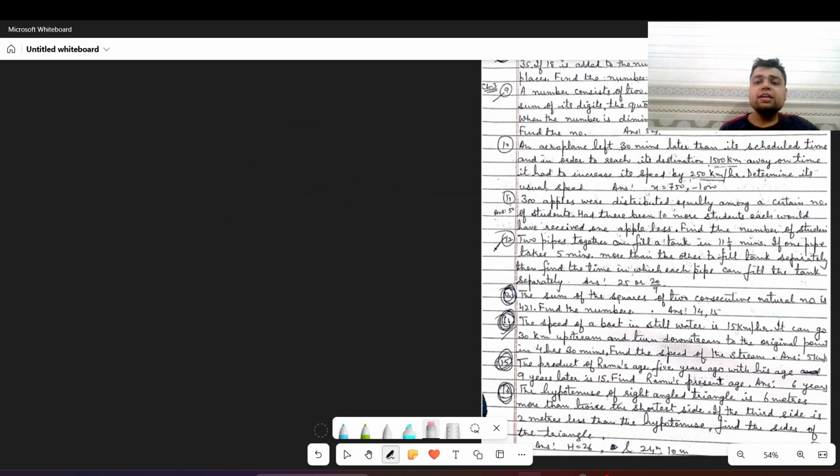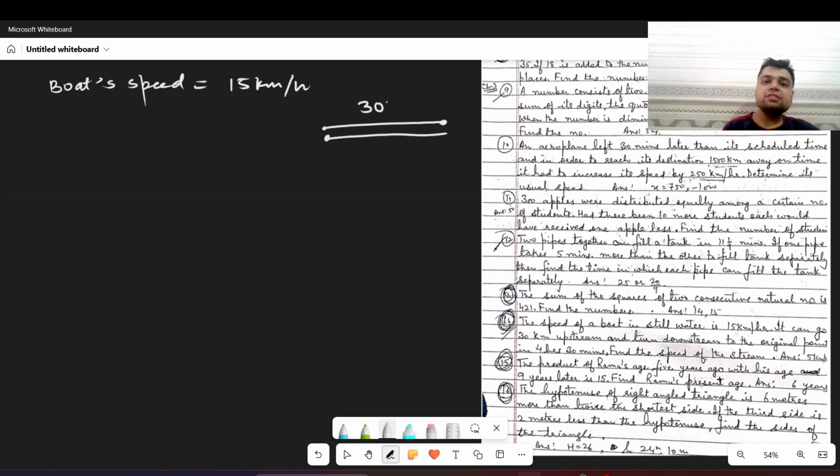So it is saying that the boat speed is equals to 15 km per hour. It can go 30 km upstream, so like this and this, so 30 kilometers up and 30 kilometers down, okay, up and down, and we need to find the stream speed.